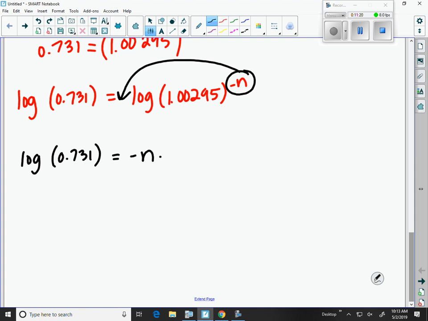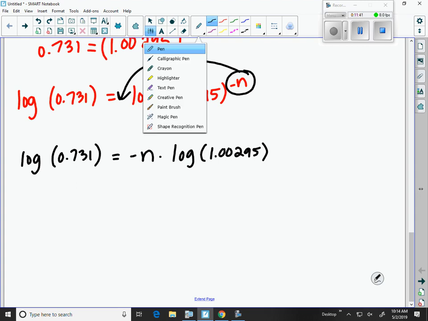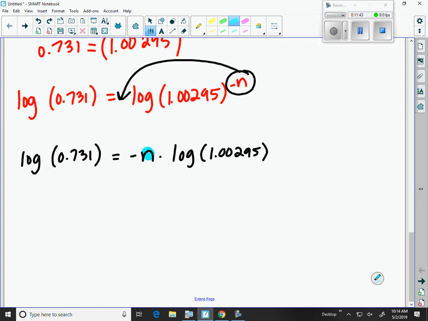Okay, and now we have -n times the log of 1.00295. Again, you should be doing this with me. Pause me when you need to pause me, go back, go forward, whatever you need to do. Okay, this will work for your numbers as well. Okay, so here, we're trying to solve for n. We want n to be all alone here.